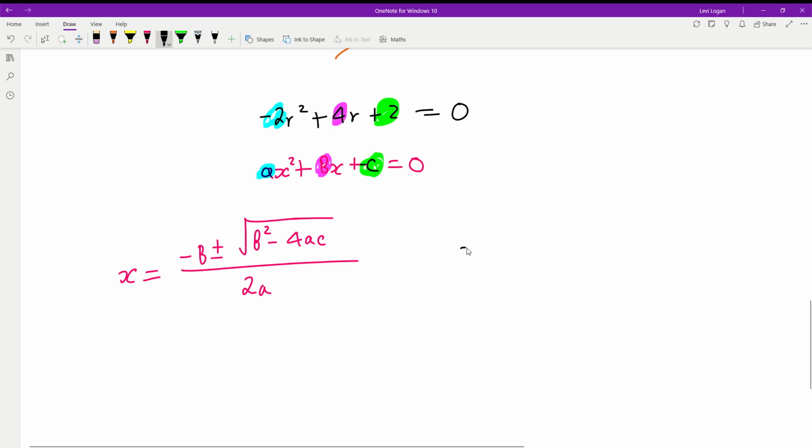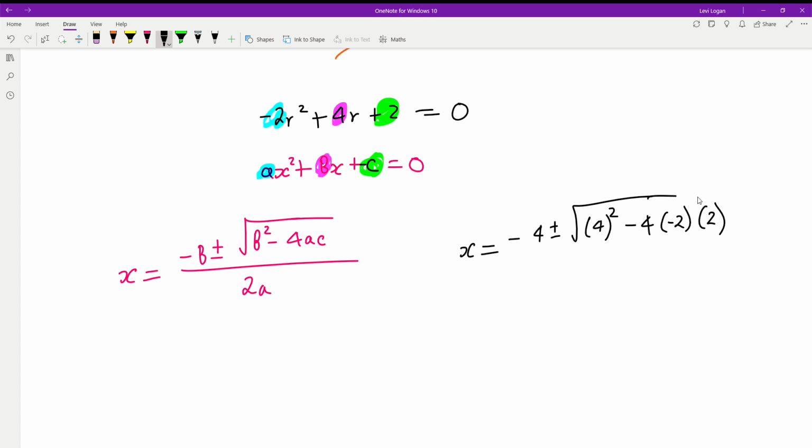So x is equal to negative 4 plus or minus the square root of 4 squared minus 4 times negative 2 times 2, divided by 2 times negative 2. So we're going to get two answers here because of the plus or minus sign. Now this isn't x, this is r, remember. I just used x because I copied it from the formula.